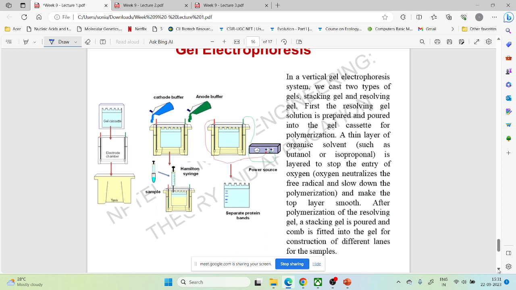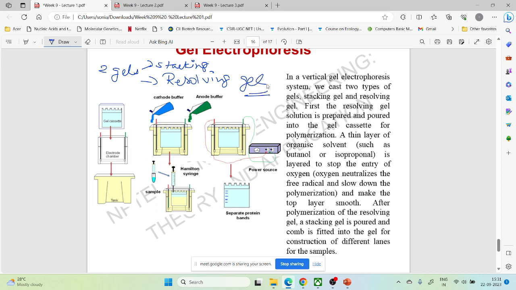When we're doing a vertical gel electrophoresis, that means we're dealing with PAGE. So we have two kinds of gels, two different types of gels. First is your stacking gel, and second one is your resolving gel.